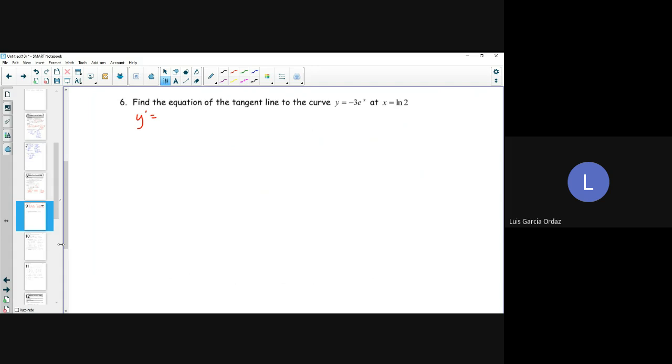So what that would look like is negative 3 times e to the x times 1 times the ln of e. So I get my derivative as negative 3 times e to the x.